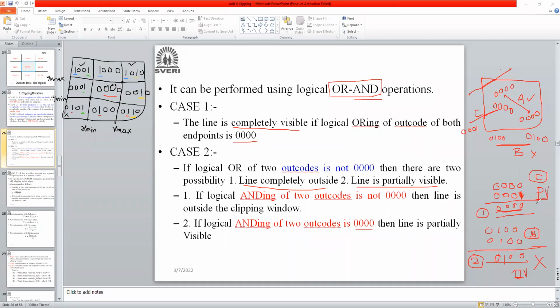So a partially visible line is when the result is all zeros. Getting it now? Okay. Right. Thank you. So let us see now the algorithm for this.